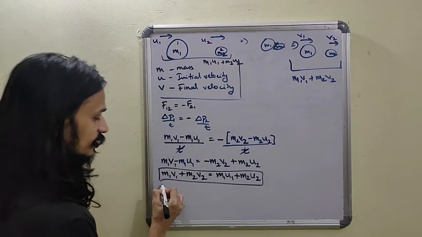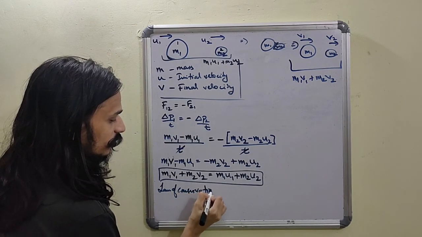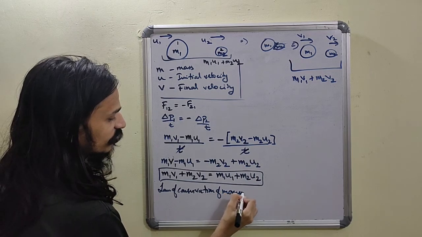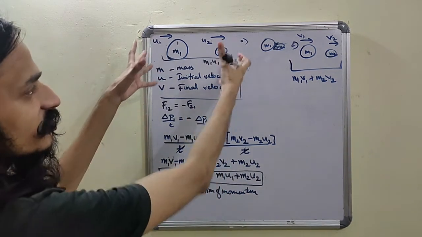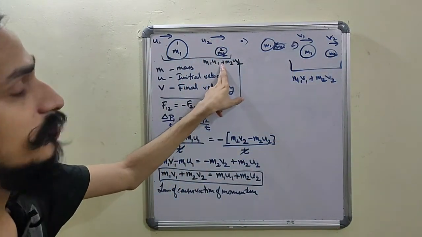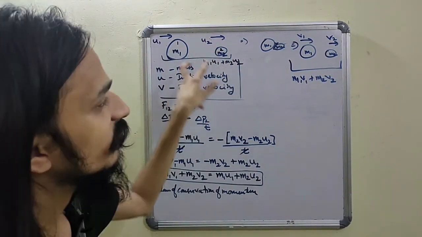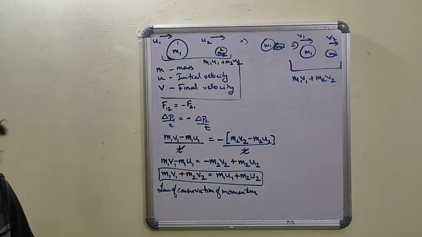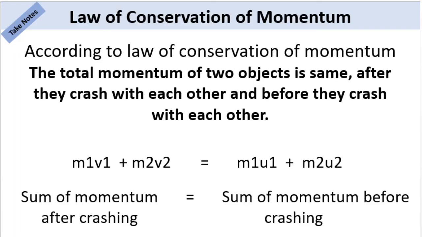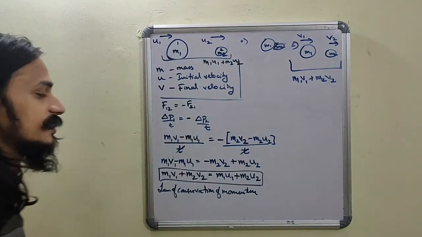This is called the law of conservation of momentum, or simply conservation of momentum. It is the sum, not the individual momentum, that is equal. If I add their momentums before crashing and after crashing, the sum is definitely going to be the same. That is what the law of conservation of momentum tells us.